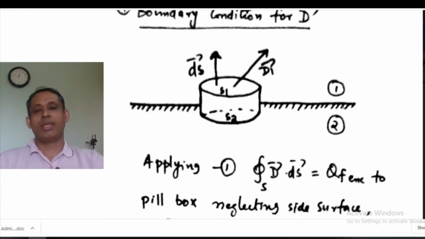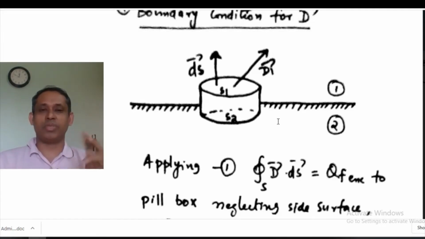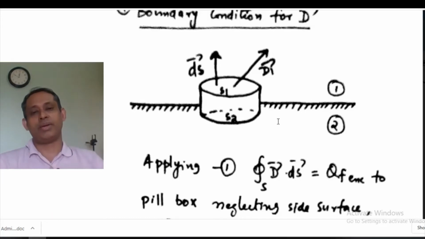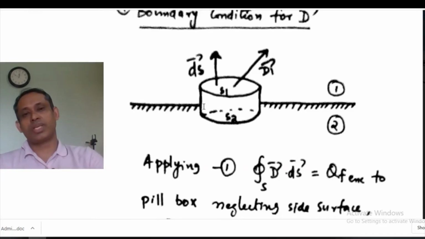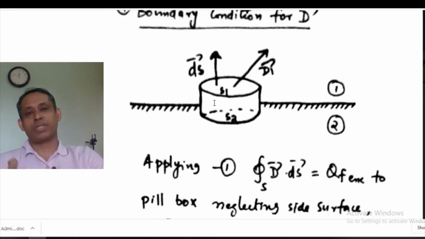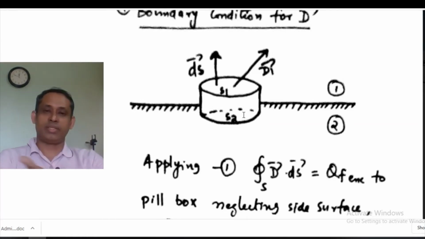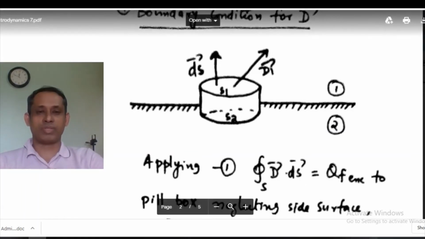Its curved surface is considered to be very narrow, because its thickness is very small. So we need not actually consider the curved surface, only the upper and bottom surfaces, S1 and S2.